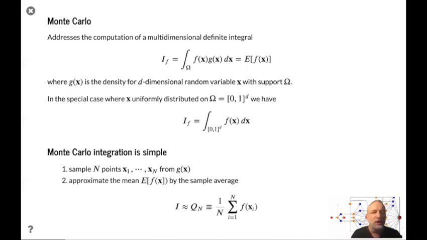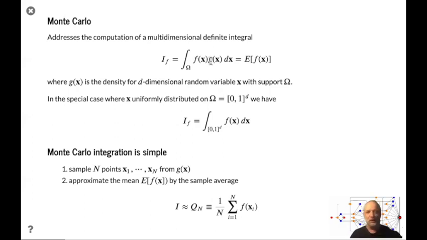Okay, so here's Monte Carlo. We could use Monte Carlo to compute a multidimensional definite integral in this form, which is the integral of f of x times g of x, integrated with respect to x over the support of this particular distribution g.